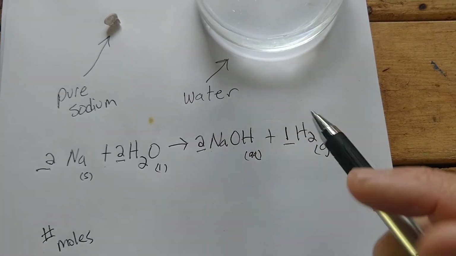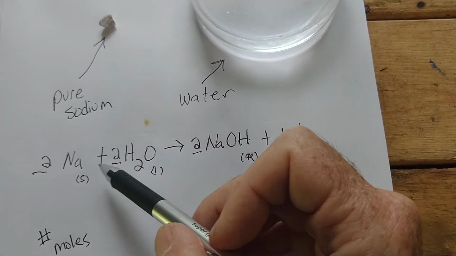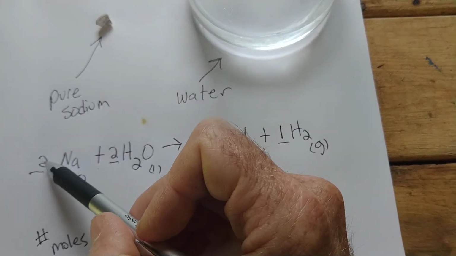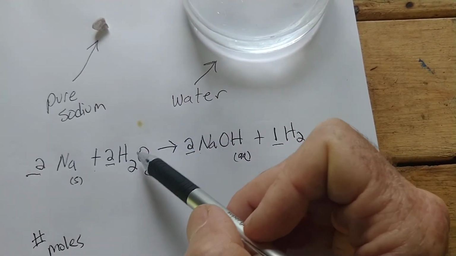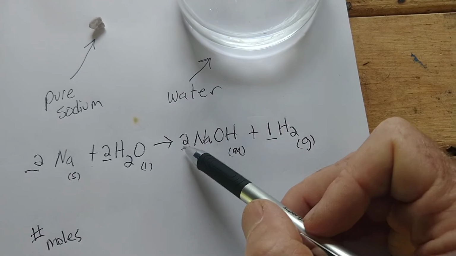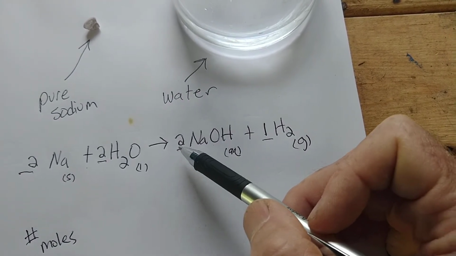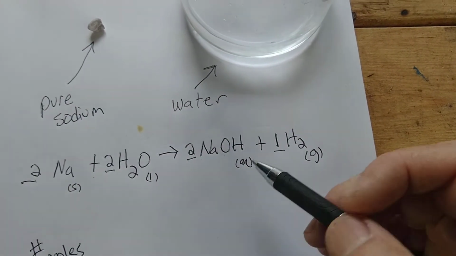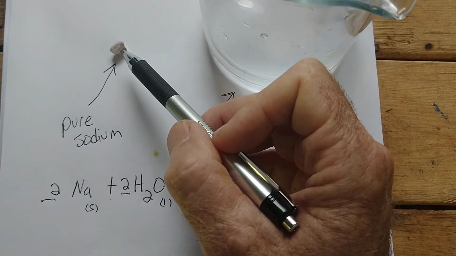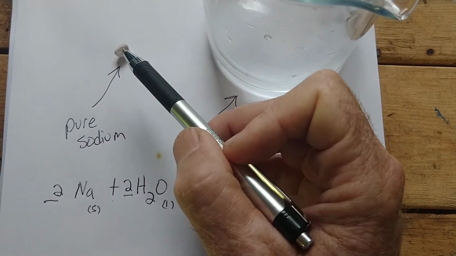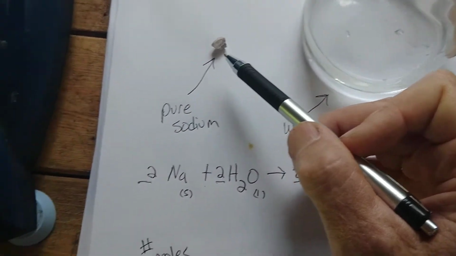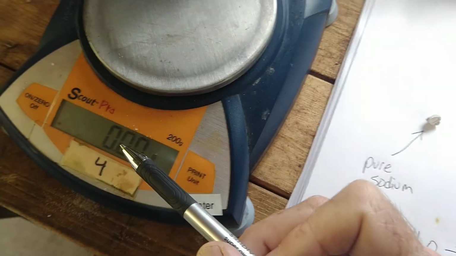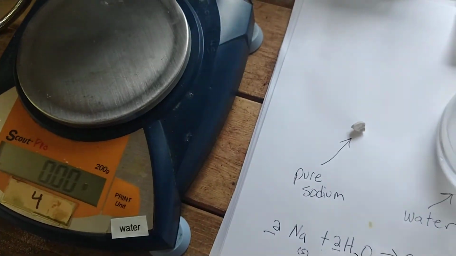So yesterday we did problems like, what if we had 3 moles of sodium and all the water we wanted? Well, then we could make 3 moles of sodium hydroxide. Today it's going to be a little bit harder. Today, we don't know how many moles there are. So we're going to have to convert that. How are we going to convert that? That's right, we're going to weigh it.